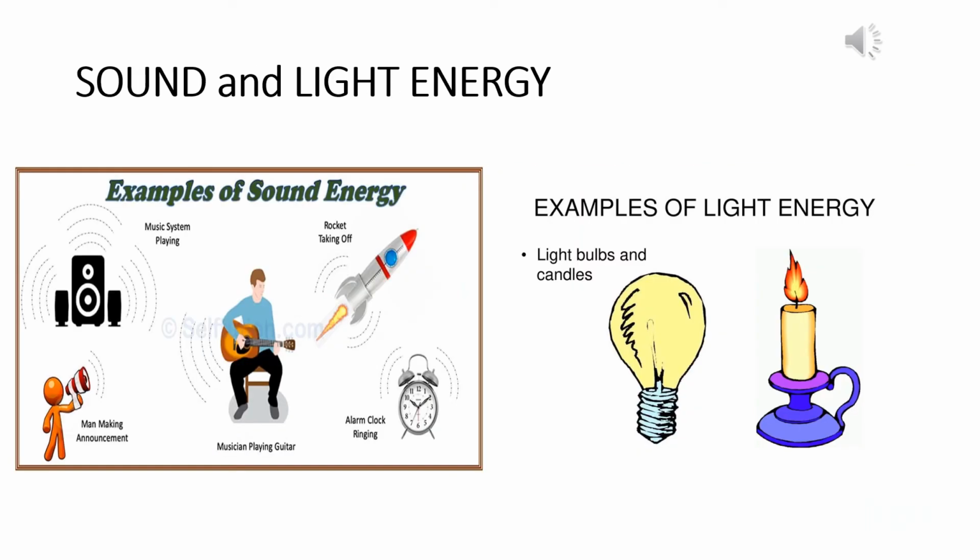Next one is the sound energy. Sound energy is produced due to the vibration of the air. Now, if we take a music system playing, the music system is vibrating the air that is present around it. Then if someone is playing a guitar, it has a hollow space in the middle portion.